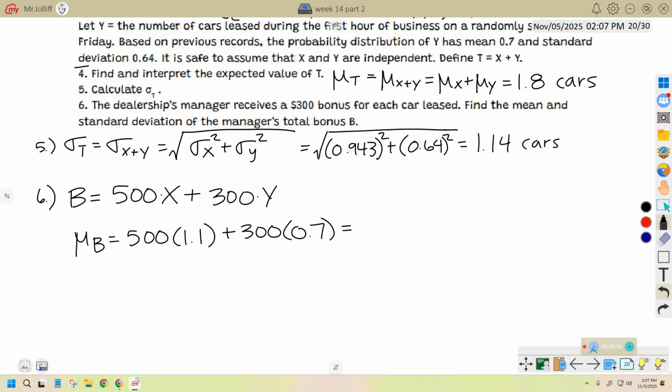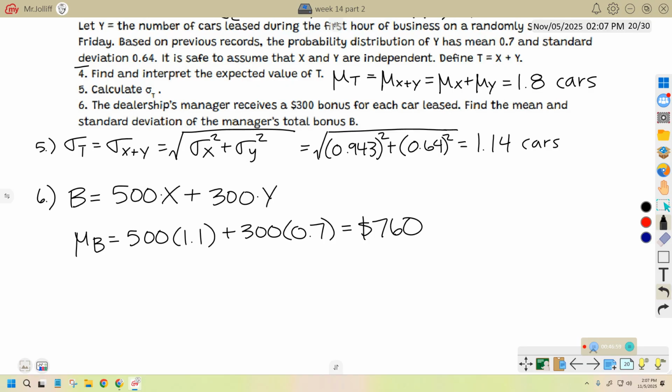And what did you get? Can I get a thumbs up if you agree? Very good, Ivan. So we know it's just A times the mean for X plus B times the mean for Y. Whatever we did to X and Y, we do it to the means.